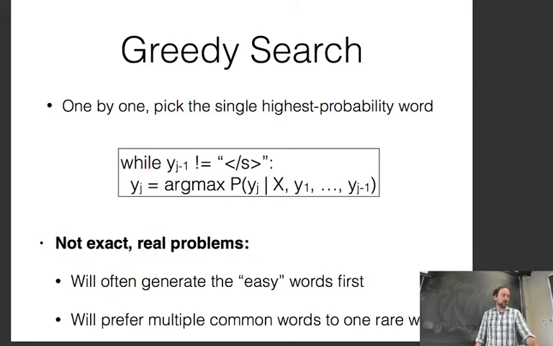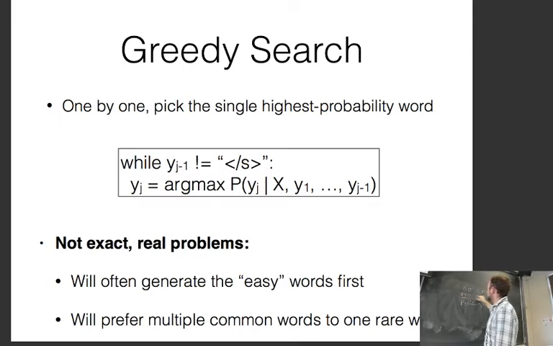Another problem is that it will prefer multiple common words to one rare word. The reason is that if you have two common words like New York versus Pittsburgh, the probability of each of these words might be, let's say, 0.25 and 0.25.